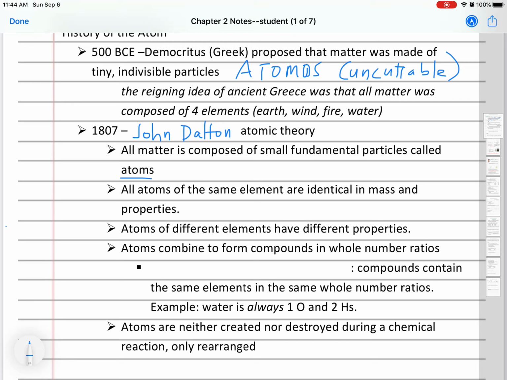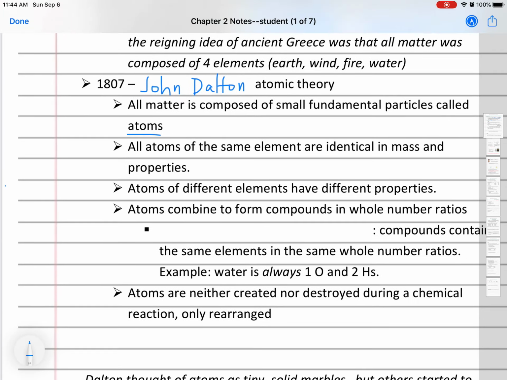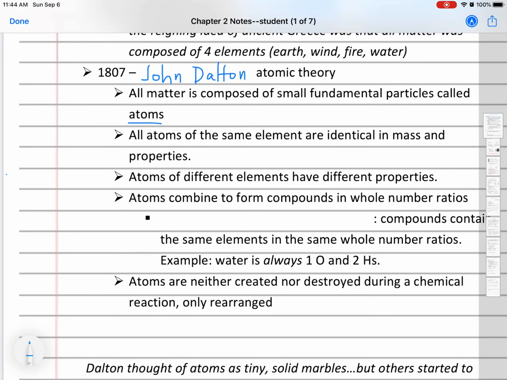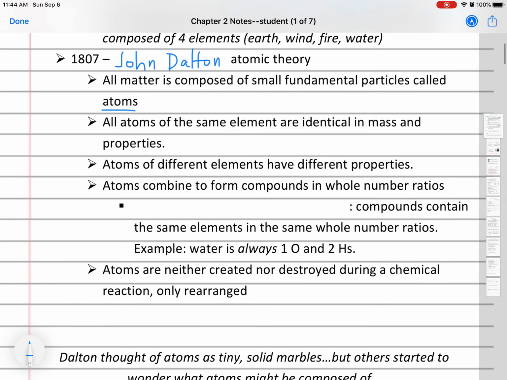All atoms of the same element are identical in mass and properties. Atoms of different elements have different properties. And atoms can combine to form compounds in whole number ratios.